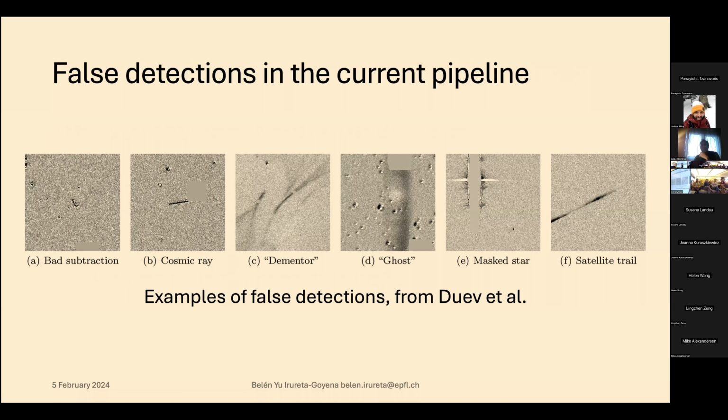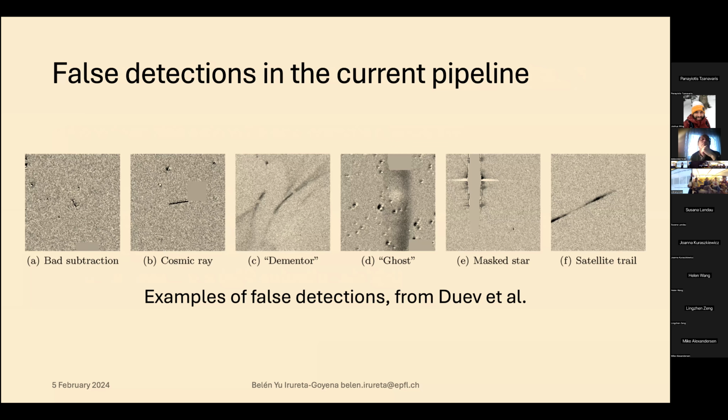And then finally, we have these satellite trails that we've been talking about. They're normally easy to tell apart because they're much longer, but sometimes, depending on the position of the satellite, they might get confused with a very fast asteroid. Anyway, the current pipeline picks all these objects up and thinks they are asteroids.